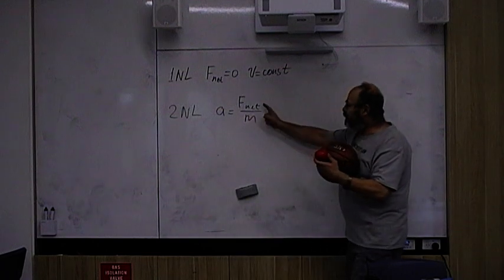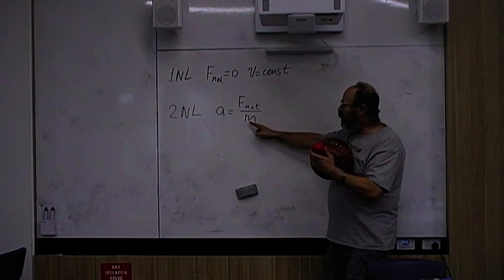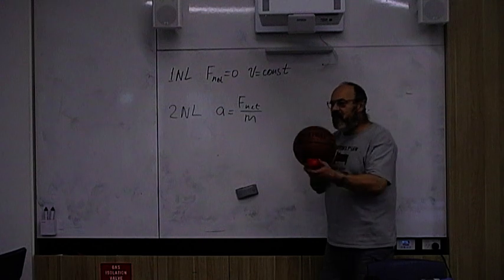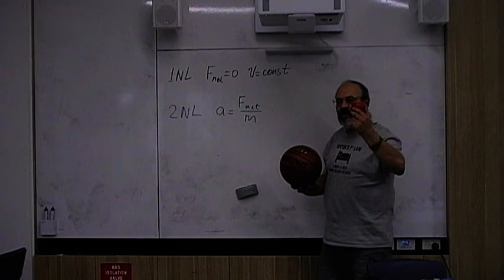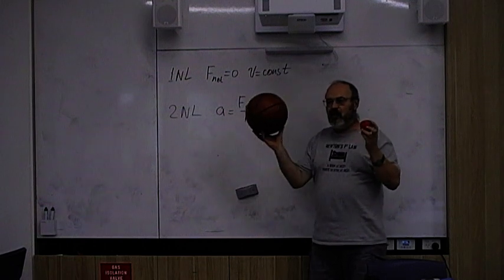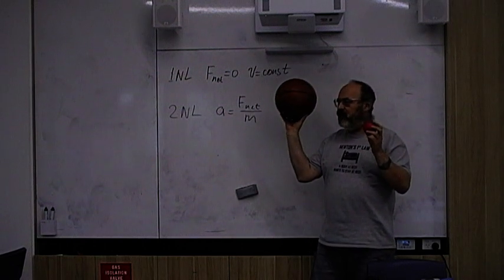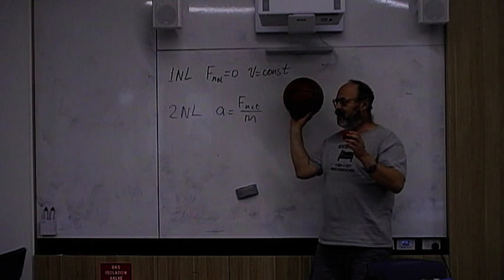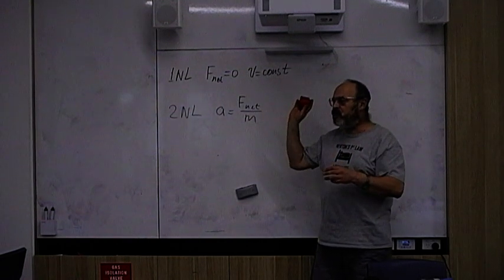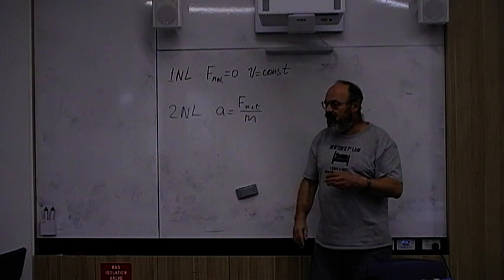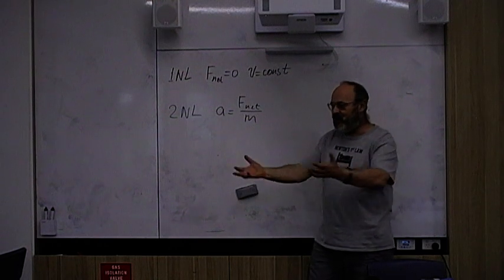Which will get more acceleration, the one with the bigger mass or the smaller mass? The smaller mass. So you see, if I apply the same force, the smaller one has much bigger acceleration.